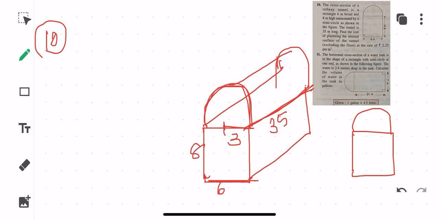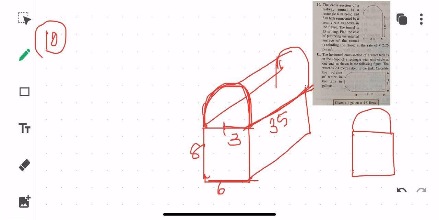Okay, so what you will be doing now, children, in this particular figure, the internal surface area of this particular tunnel will be given by what? First we will be taking into account what? If you want, you can take into account the circumference of this particular semicircle which is there. Okay, and then what next you will be doing? You will be taking into account, just let us have a look.